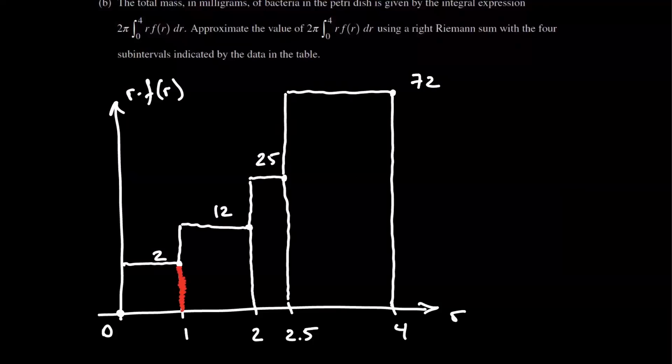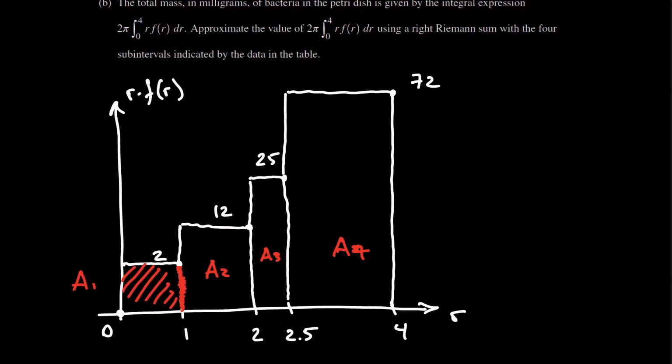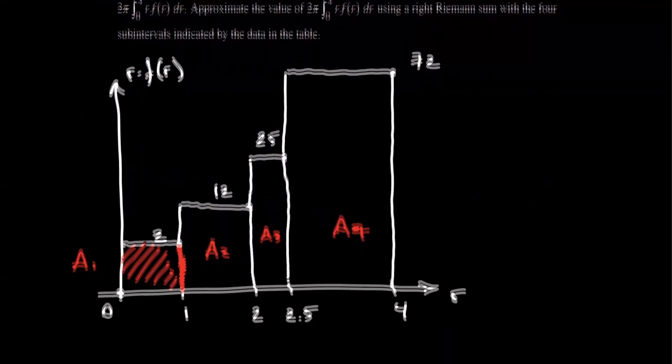And so the area here for the first rectangle is A1, this is A2, this is A3, and this is A4, the areas of those rectangles. So let's calculate those, and that's simple base times height.